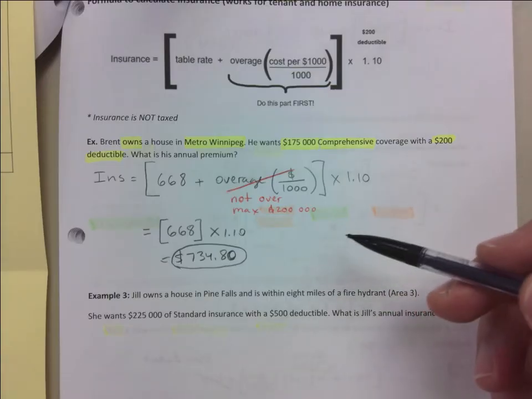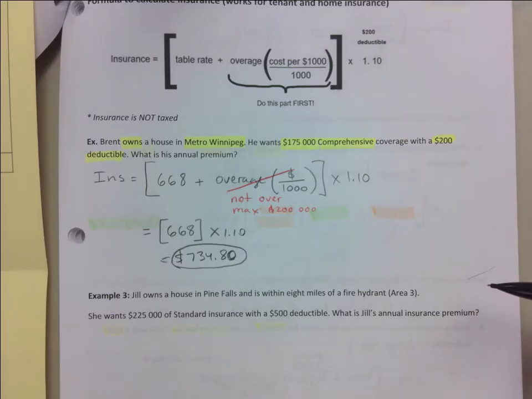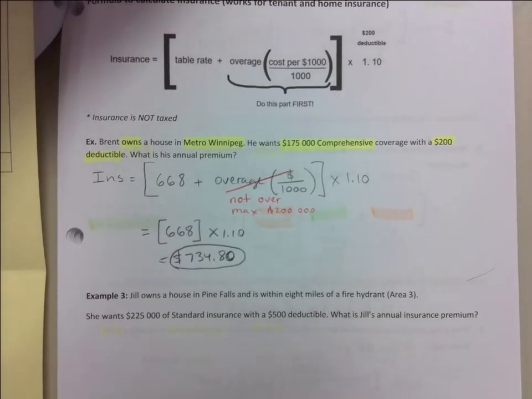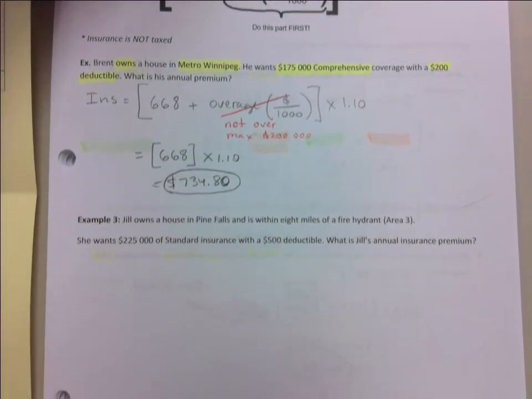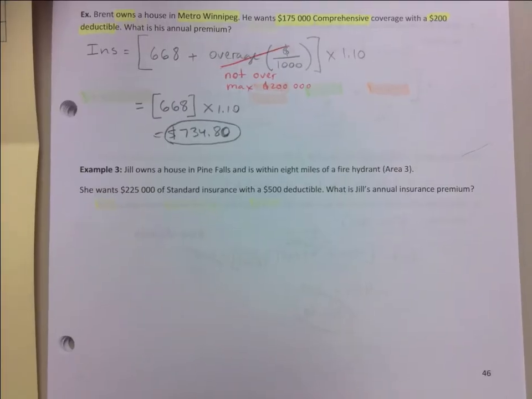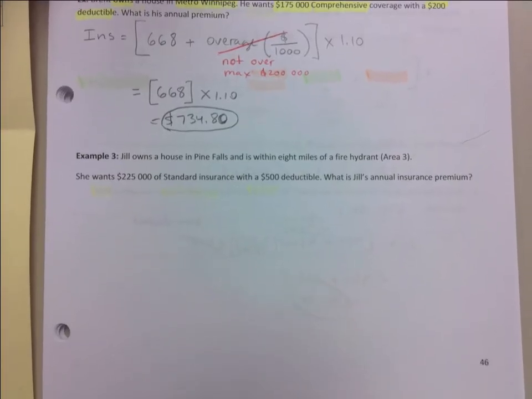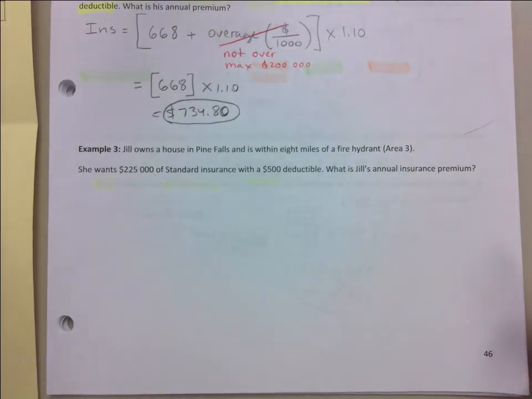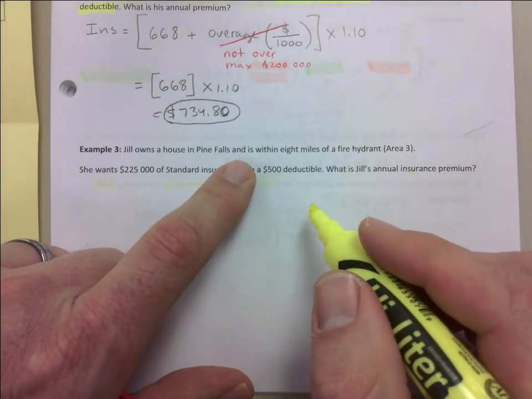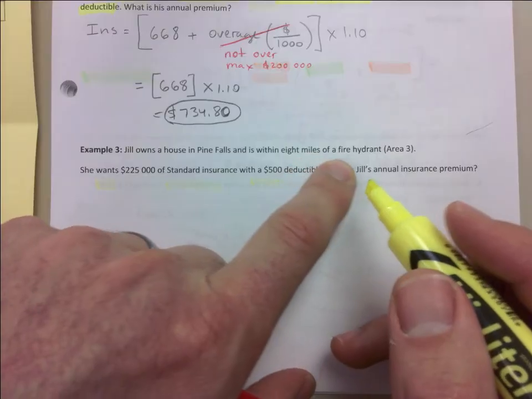So that's for this case. Let's do another one here, and then you'll practice with a couple, and then we'll finish off with the AC, okay? Example 3, Jill owns a house, so we know it's home insurance, in Pine Falls and is within 8 miles of a fire hydrant.